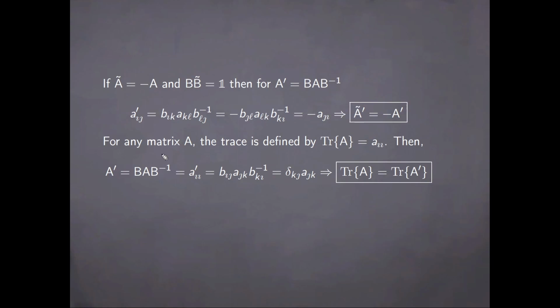Furthermore, for an arbitrary matrix A, the trace is defined as the sum of its diagonal elements. And then, if we once again perform a similarity transformation on A through the orthogonal matrix B, we see immediately that the trace is the same. So the trace remains invariant to similarity transformations.